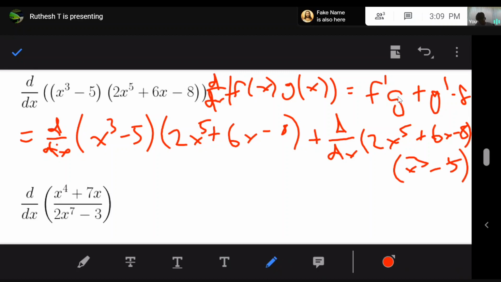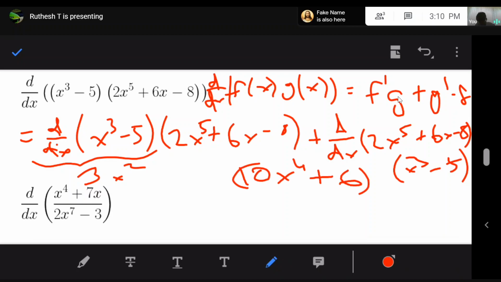Okay, and then when you do this, the derivative of the first function, x cubed minus 5, is just 3x squared. And the derivative of the second function, 2x to the 5 plus 6x minus 8, is just 10x to the 4 plus 6. And yeah, that's basically it.